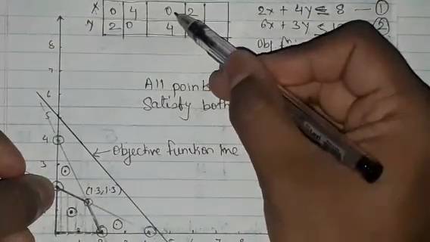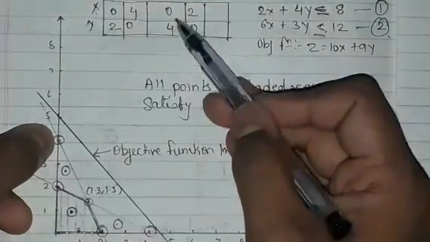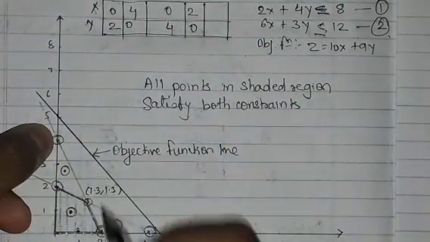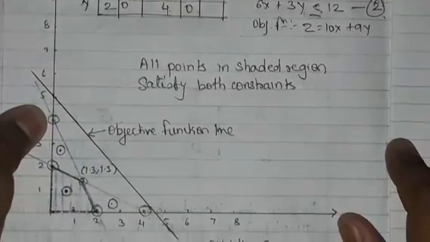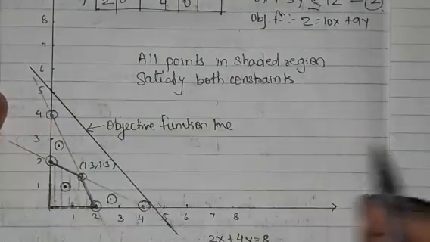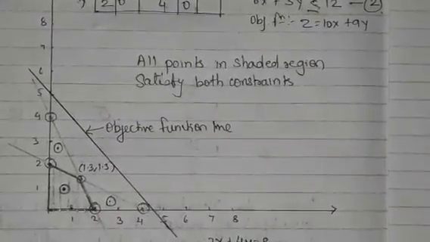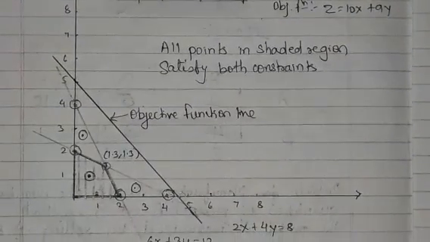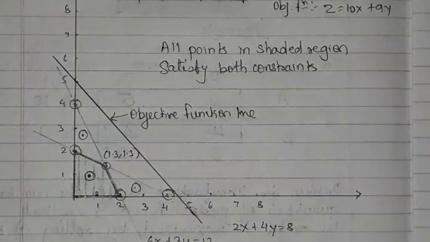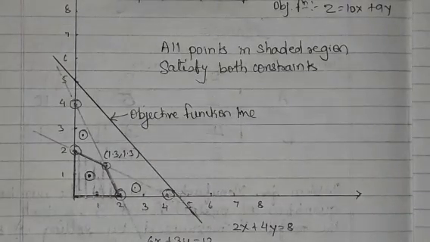Similarly, for the second equation, 0 4 is this point, and 2 0 is this point, so this line. So I got those two lines as my constraints drawn in the graphical way.